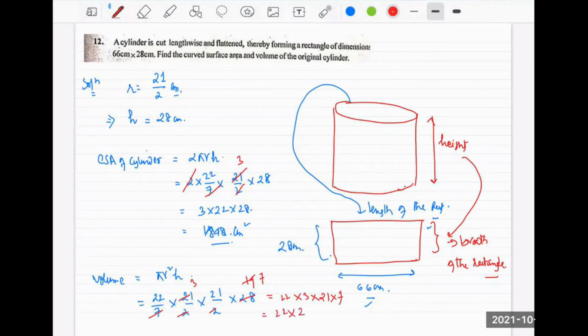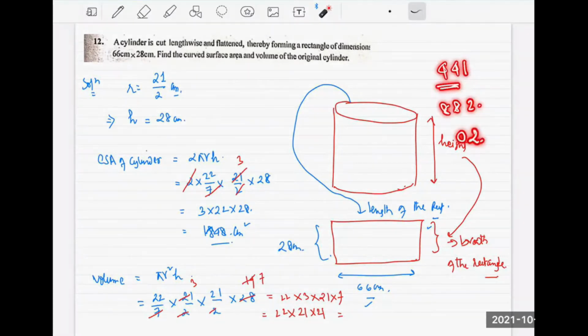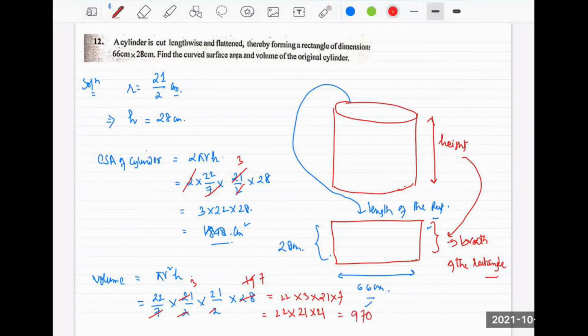So 22 into 21 into 21. 21 square is how much? Right, 441. So the final value is 9702 centimeter cube.